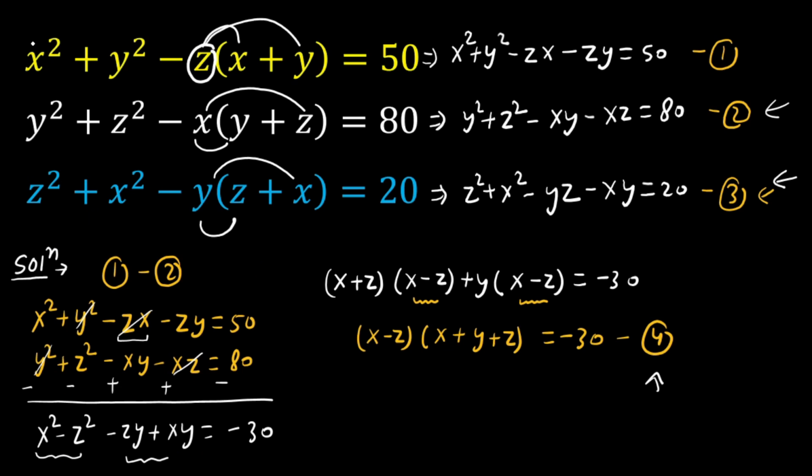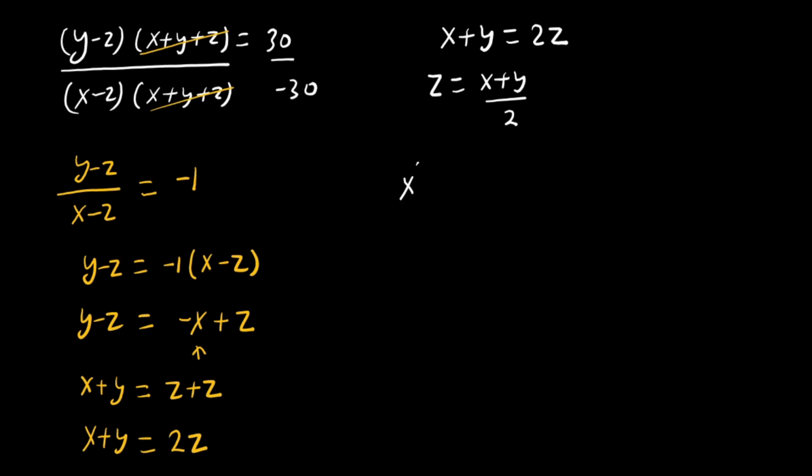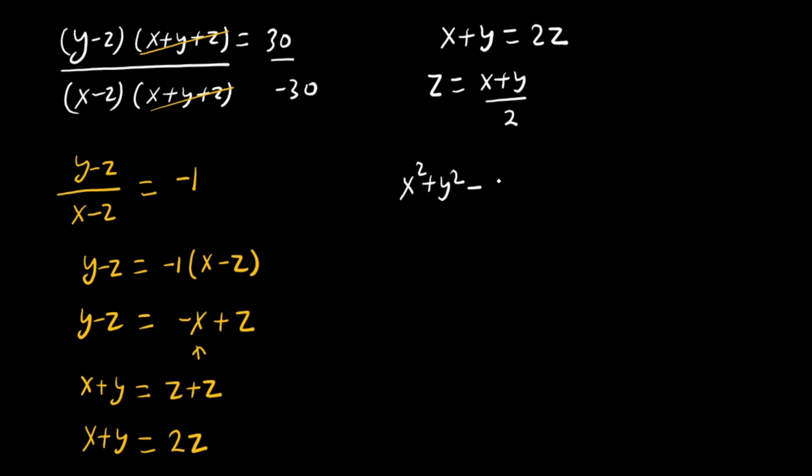And the given equation is x square plus y square minus z times x plus y, and this is equal to 50. Here this z is replaced by x plus y over 2.